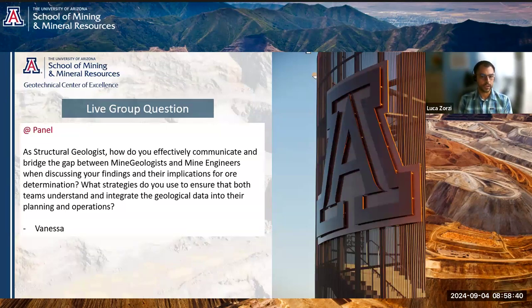And then obviously it has to be a little bit on us structural geologists that we're exposed, for example, to operations, knowing a little bit of geotech, a little bit of hydro, so that we can also frame up our discussion in a way that is easily comprehensible for the end user.